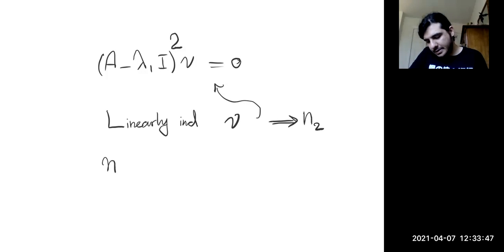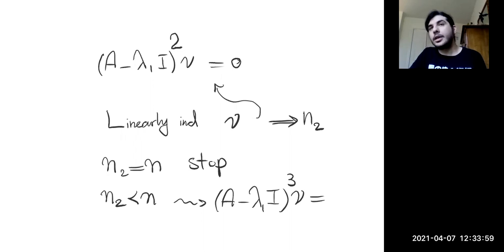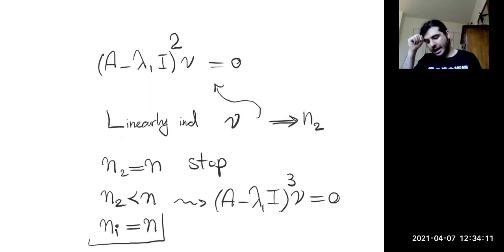And then the number of such things is n2. Either n2 is equal to n, then I would stop. If n2 is less than n, I would continue by looking at this other equation, A minus lambda I cubed times v equal to 0. And the point is that at some point, we would get to a number of linearly independent vectors, and they happen to be equal to n anyway.